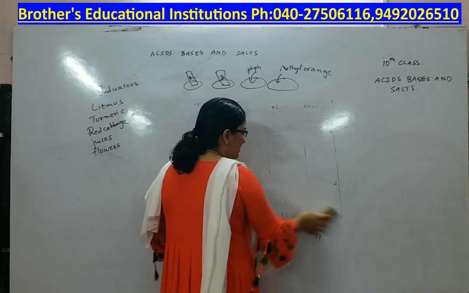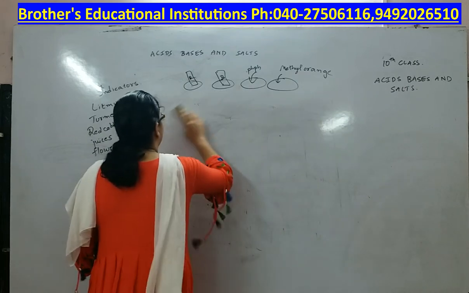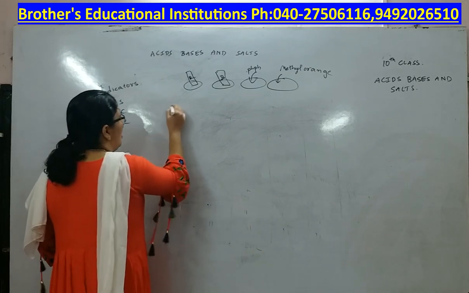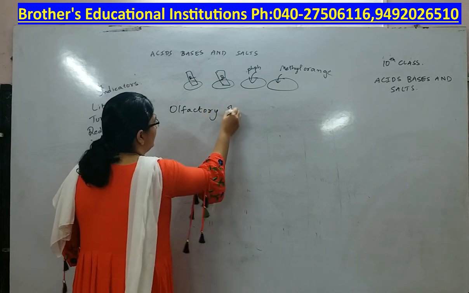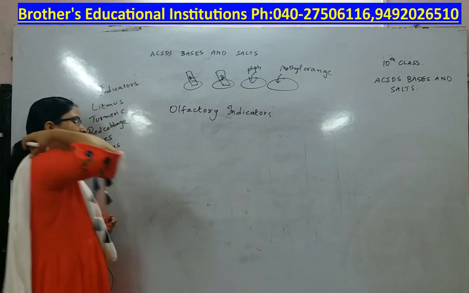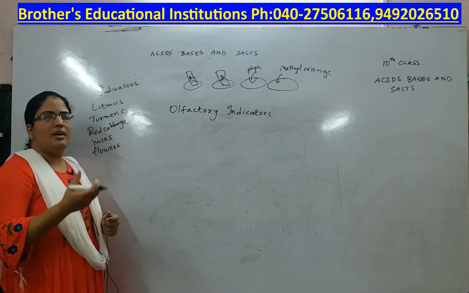Now we shall discuss something called olfactory indicators. Olfactory indicators are those indicators which show some change in the odor or smell for an acid or a base.